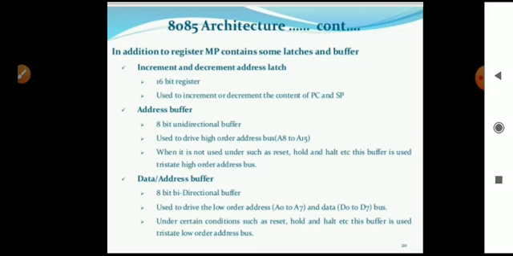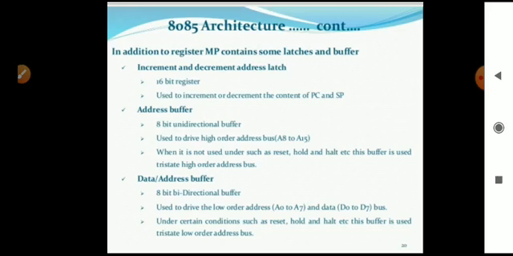Then the address buffer is an 8-bit unidirectional buffer and it is used to drive the higher order address bus, that is A8 to A15. When it is not used, under conditions such as reset, hold and halt, these buffers are isolated, that is called tri-stated.